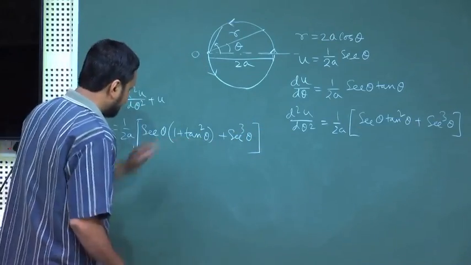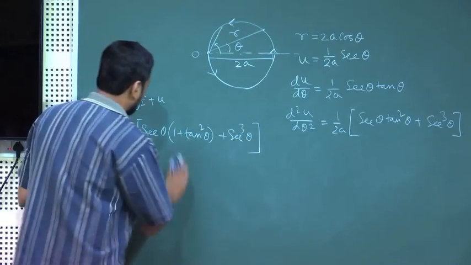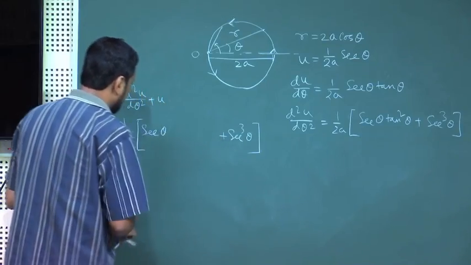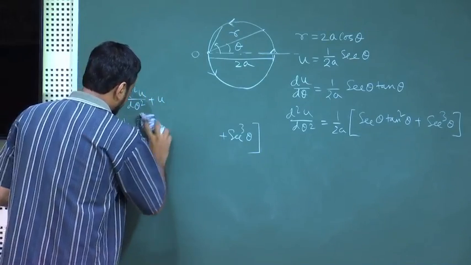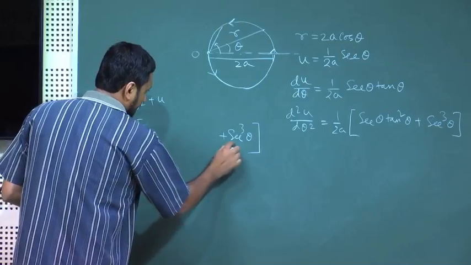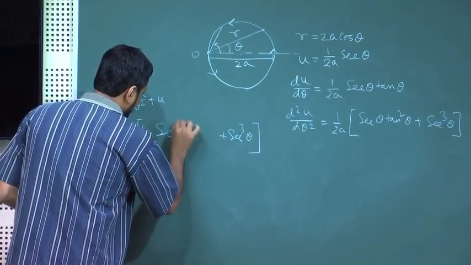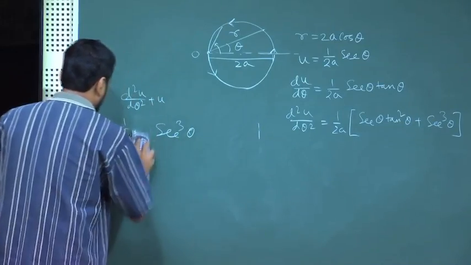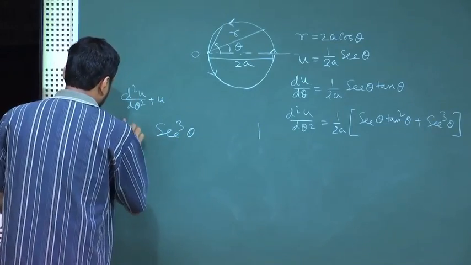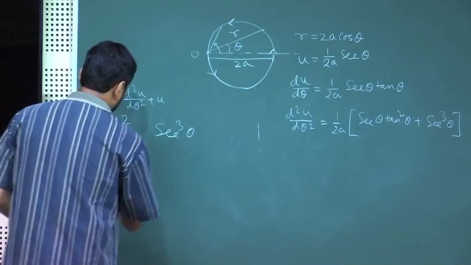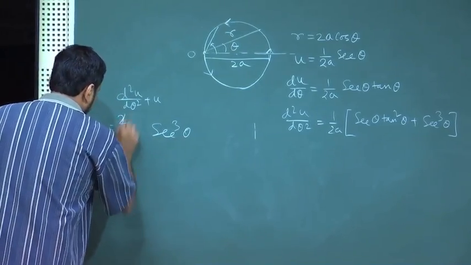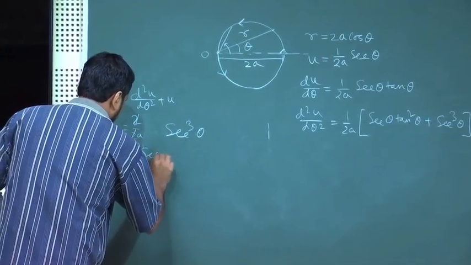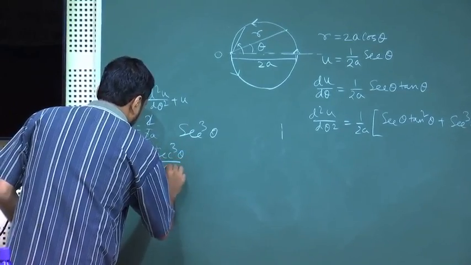Now, 1 plus tan square theta is once again sec square theta, multiplied by this, it will be a sec cube theta adding to this. So, we have a sec cube theta here, there is one more here. So, we will simply have 2 times sec cube theta, which will be sec cube theta by a.